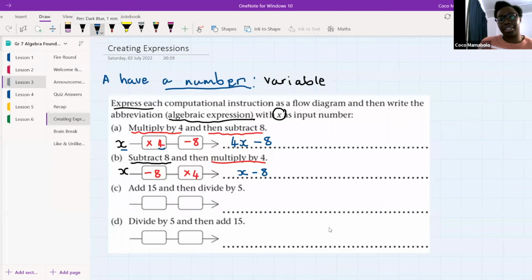Good, X minus 8. And then this whole thing is going to be multiplied by brackets. And then we have to multiply it by how much? By 4. Okay. Very well done, Ritumetse. Love how you try.